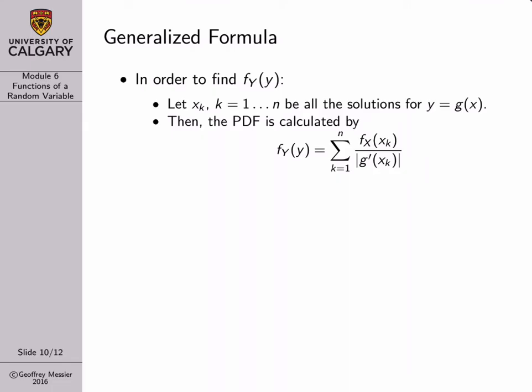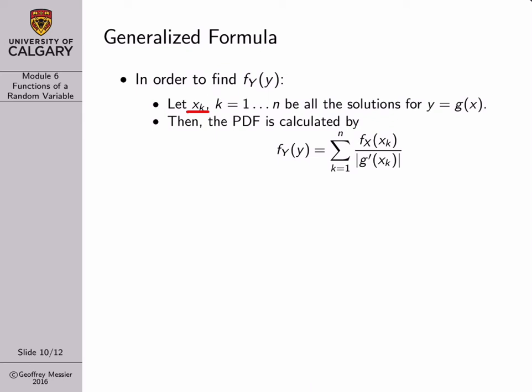There is a second technique for finding the PDF of y directly using a generalized formula. Let's assume that we have the possibility of having several solutions for our equation, y is equal to g of x, and let those solutions be denoted as xk.